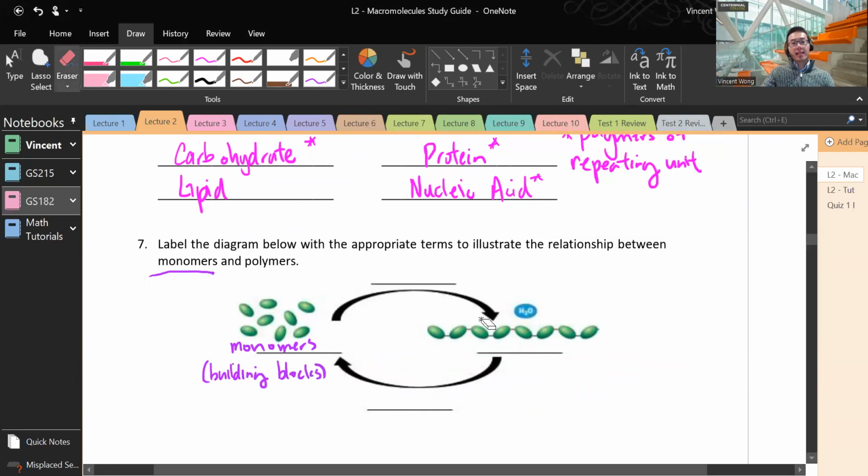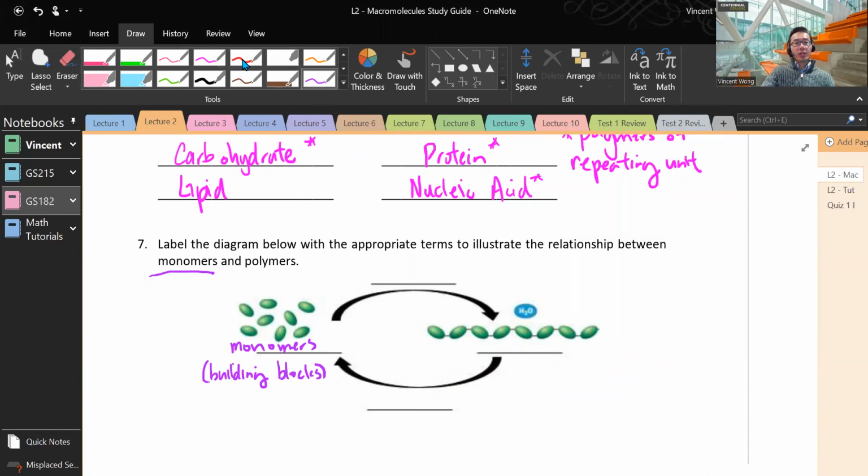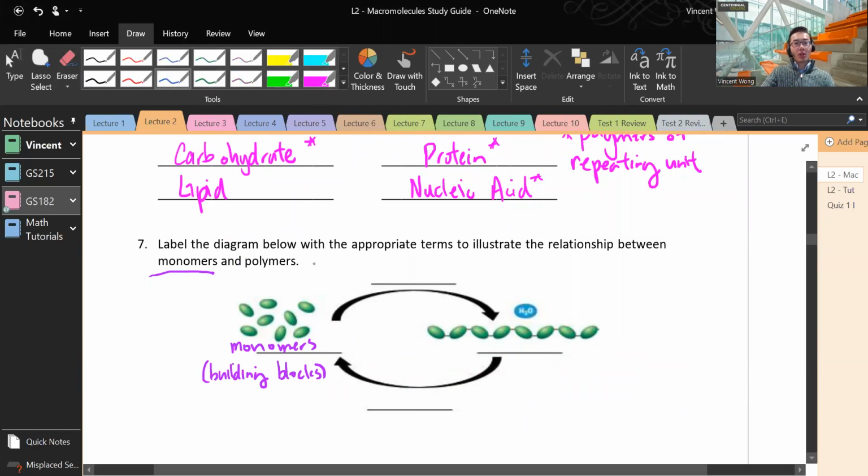And we can link them together through a reaction. Okay, the name of the reaction is called dehydration synthesis. Okay, or I think I also call it condensation reaction. They mean the same thing.